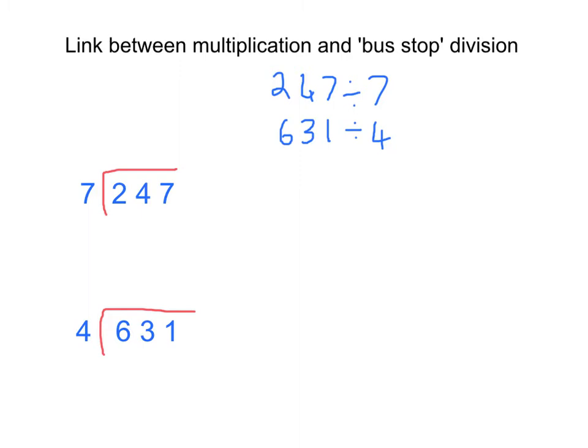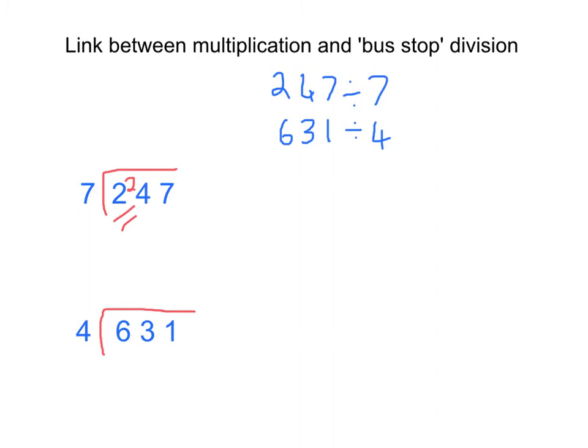Essentially, if I'm doing 247 divided by 7, I've got to ask myself, how many 7s are there in 247? With the bus stop method, I'd start off by saying, well, how many 7s are there in 2? And of course the answer is there aren't any, so I would carry the 2. Then I'd say, well, how many 7s are in 24?